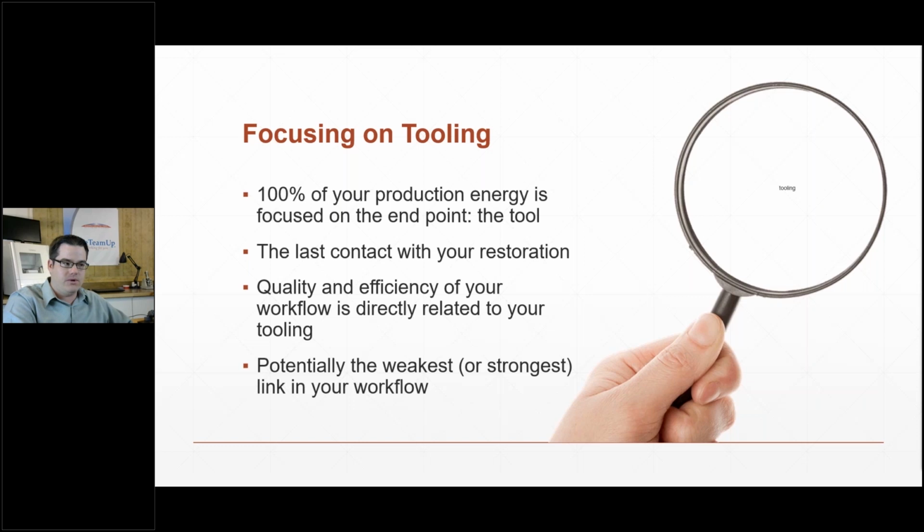And so if you do skimp on that when you're making selections, it can certainly give you bad results. It's the last thing that's in contact with your restoration before you actually get to put your touches on it. So it's potentially the strongest link in your system or the weakest link. And we like to encourage people to make it the strongest link.